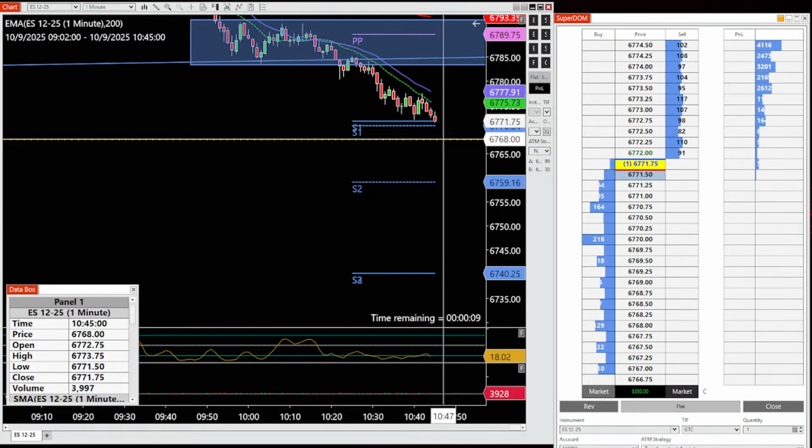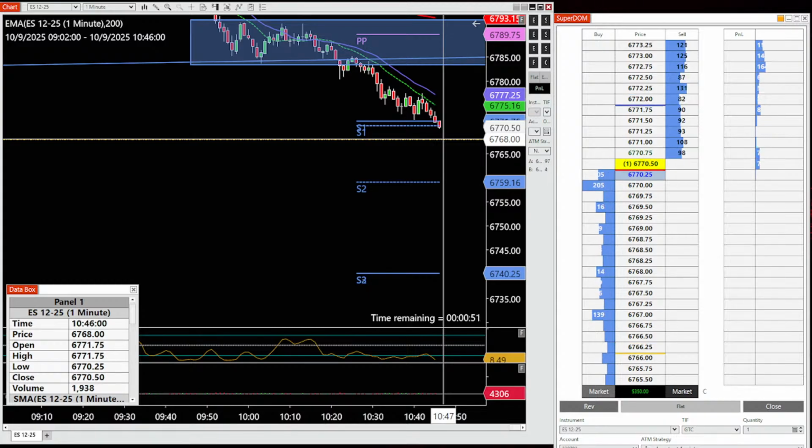Breaking through S1. Breaking through 70. Test the previous week's open at 68.